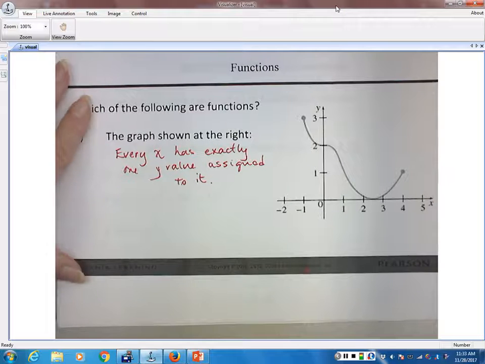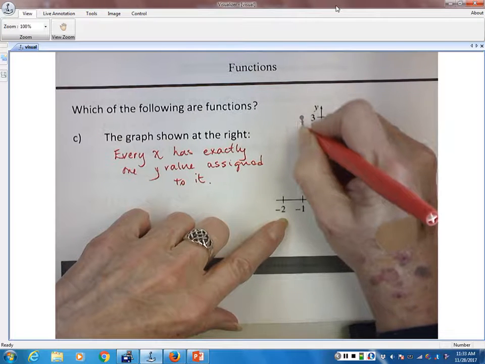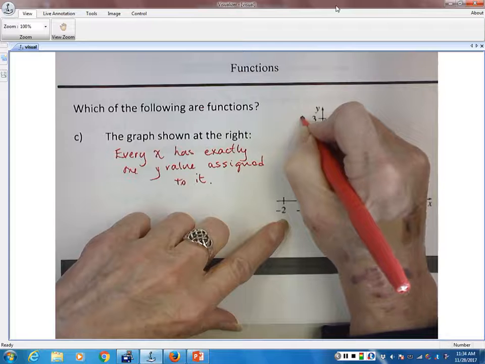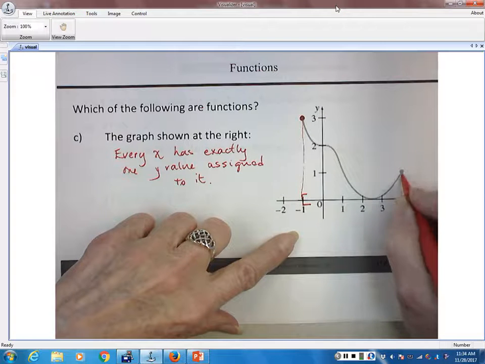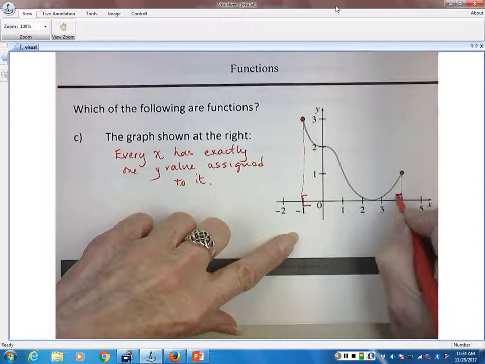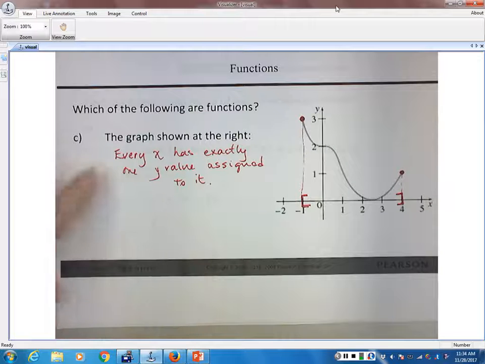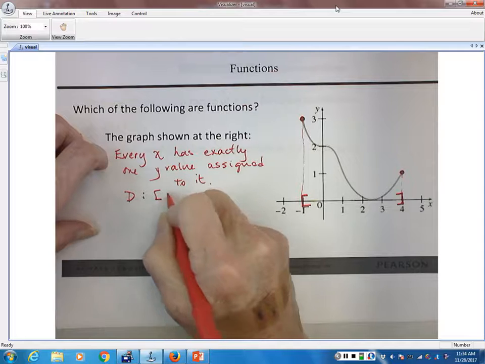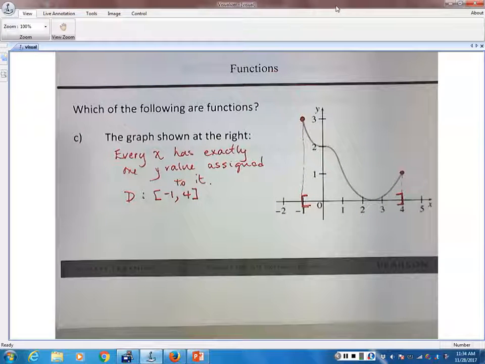And just for the practice, domain and range, your domain, if you go straight down to your domain axis, begins at -1 because that circle's closed. And it ends at 4 because that circle's closed. And when the circles are closed, you always use a square bracket to write your domain interval. So the domain is from -1 to +4 with square brackets on both.